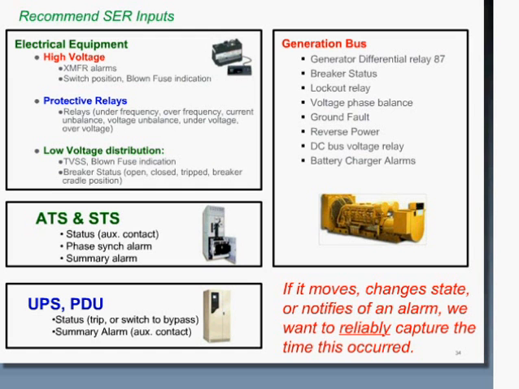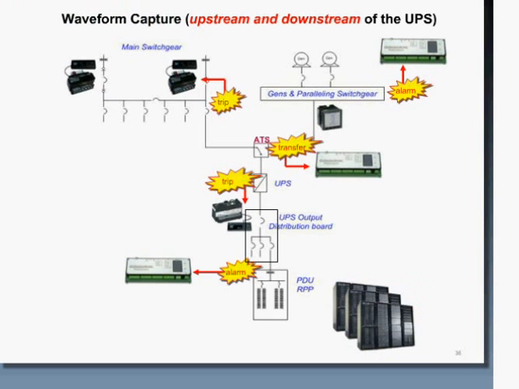So here's a little bit of a waveform capture upstream and downstream of a UPS. If we would have an event, obviously you'd see the trip at the main switchgear. You might have a breaker event. That would generate an alarm that we would capture in the sequence of event recorder.